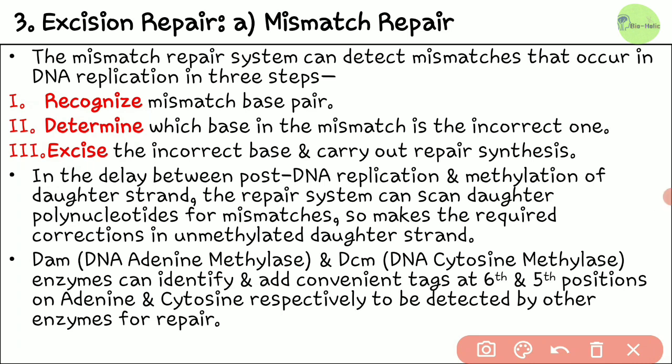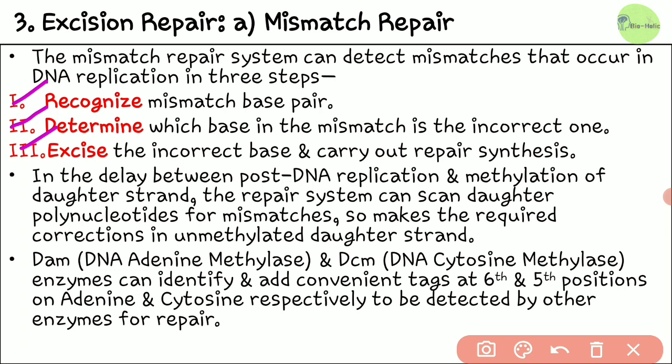Now, the mismatch repair system can detect mismatches that occur in the DNA replication process in mainly 3 steps. First, it recognizes the mismatched base pair, then it determines which base in the mismatch is the incorrect one, and lastly it excises the incorrect base and carries out repair synthesis.